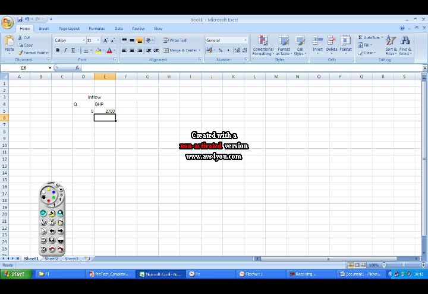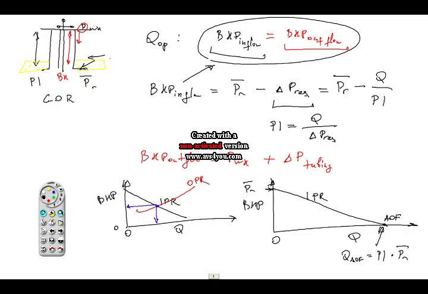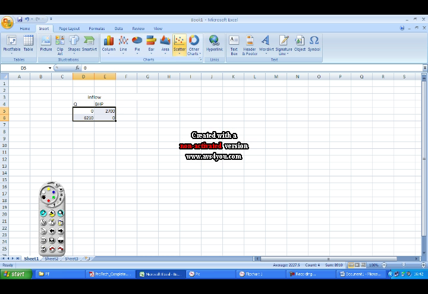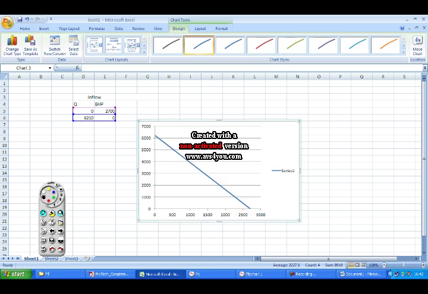If I bring my BHP down to 0, I will be producing the maximum rate possible, and this is equal to my PI multiplied by the reservoir pressure. Okay, so I have these 2 points, enough to draw a line, and now I plot it. This will be my inflow performance relationship.